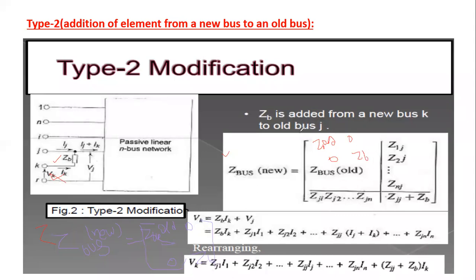This is the old bus matrix when we are calculating the type 2 modification.